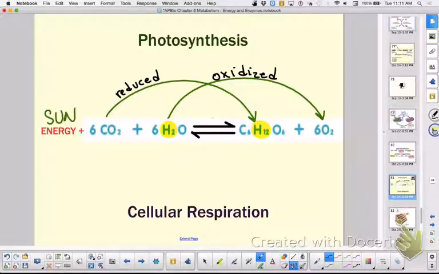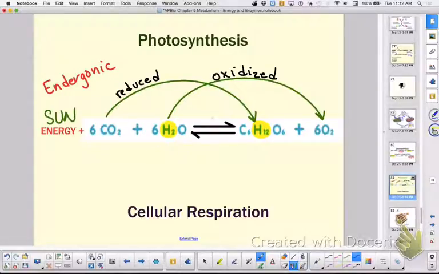Overall, you put energy into this, so what kind of reaction is it? It's an endergonic reaction because the energy is going in. Good. All right. Now let's go the other way. Let's do cellular respiration.